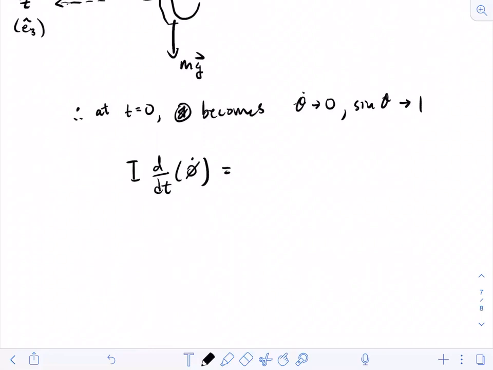And so this has to be equal to 0. Therefore, what we get is phi dot is equal to a constant.